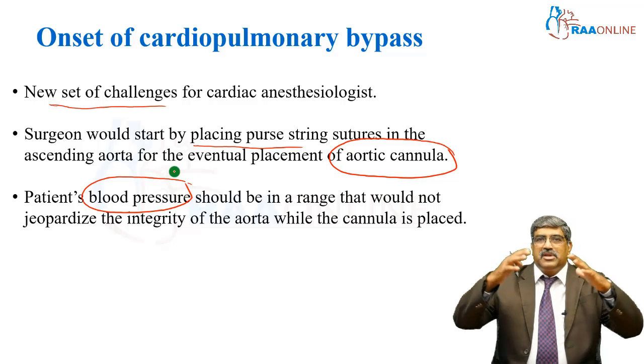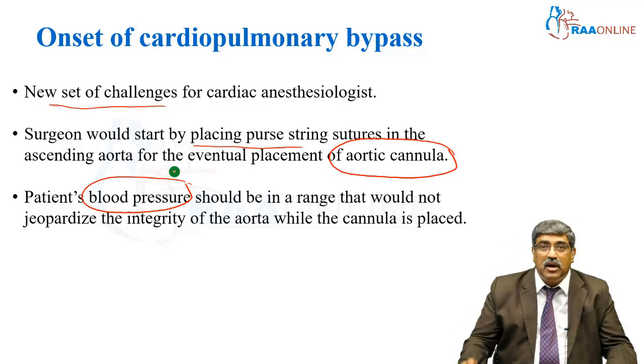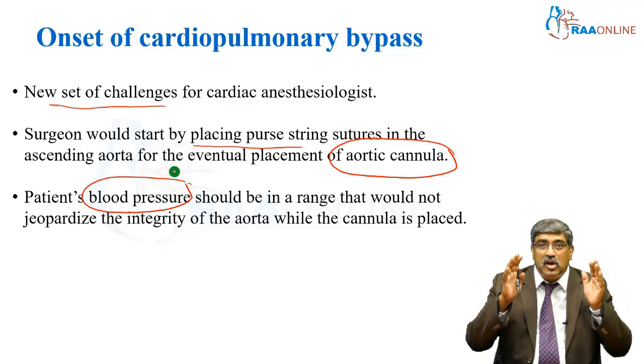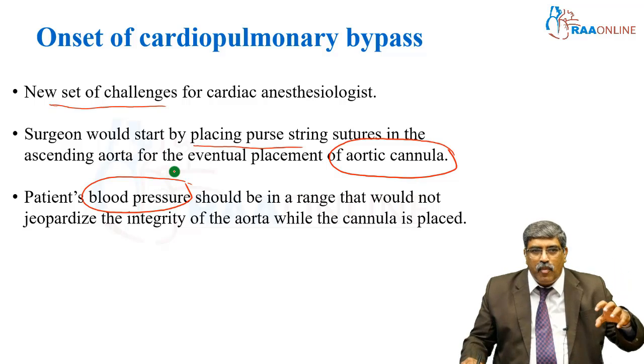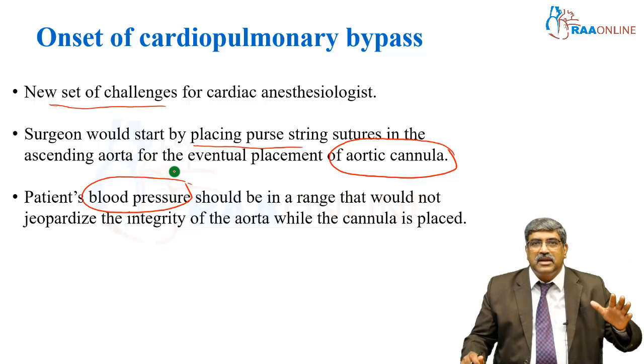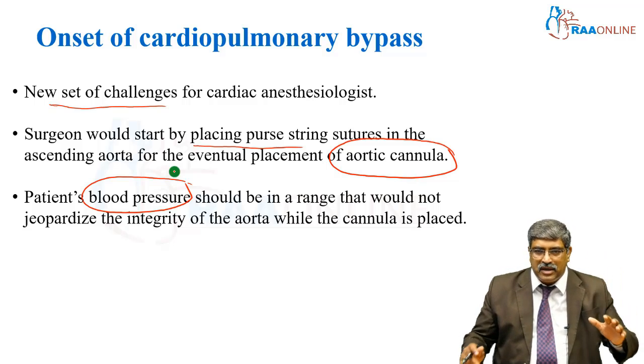If the blood pressure is high and the surgeon takes a purse-string bite, there might be bleeding in the suture line, which will be very difficult to control in the aortic line. So the anesthesiologist should be very vigilant and maintain the blood pressure in a normal range so that the surgeon can peacefully put the cannula into the ascending aorta.